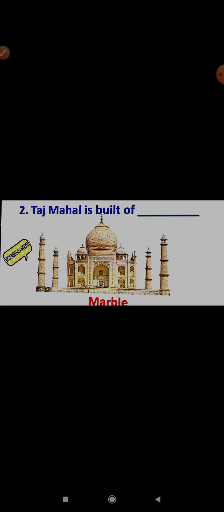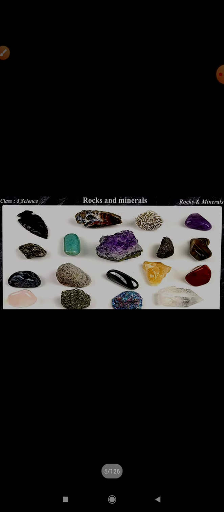So now we will start the topic rocks and minerals from class 5 science. Rocks and minerals are used for various purposes. Let us first learn the different types of rocks.